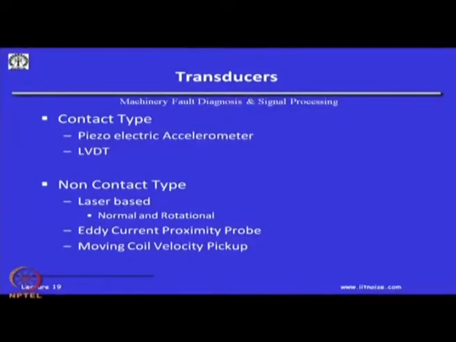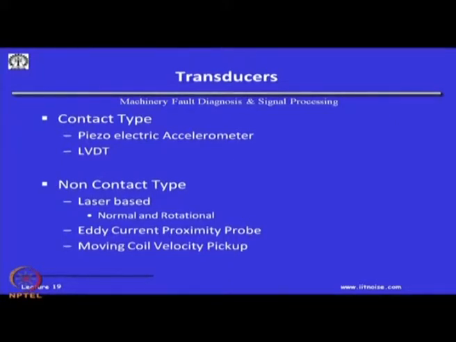So, that is where we have to use certain laser based techniques, be it to measure the normal vibration or the rotational vibration. Of course, there are some probes like the eddy current proximity probe, which can be used to measure the gaps; it is a non-contacting type of transducer. We can measure the displacement or acceleration or velocity in such cases.